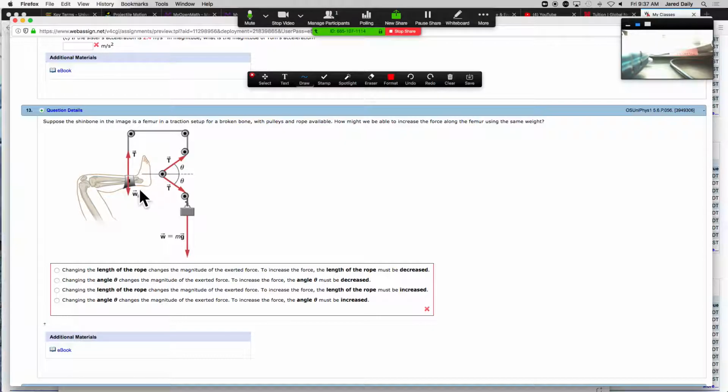So what change, if we make the angle smaller or bigger, is going to make this bigger? If we pull more up and more down, that's not going to affect anything, since they cancel each other out. But if we pull more sideways, so if we decrease this angle, then it's going to pull more on that foot pedal.